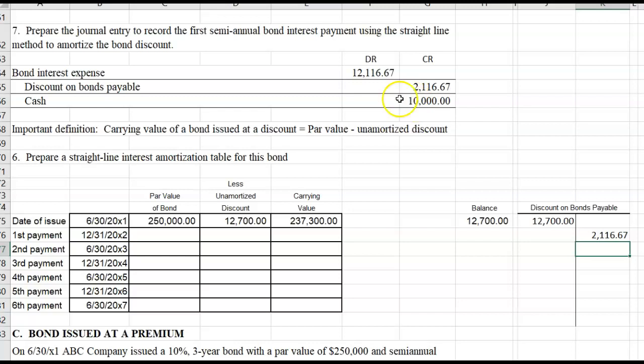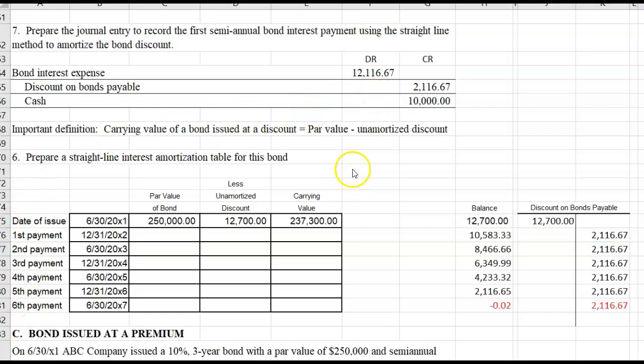Watch what happens here. This is pretty cool. After 3 years of making semi-annual bond interest payments and crediting the discount on bonds payable each time, we're going to get down close to a zero balance. We have a 2-cent rounding problem.